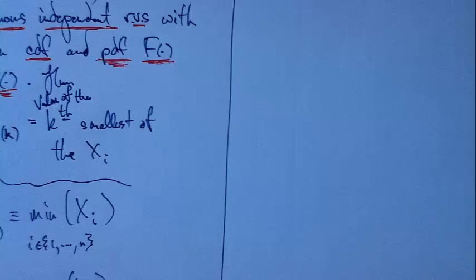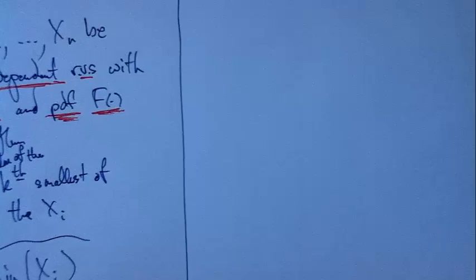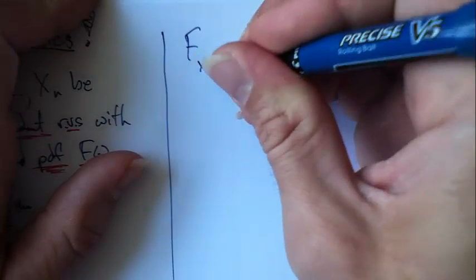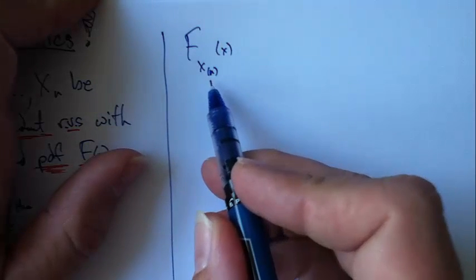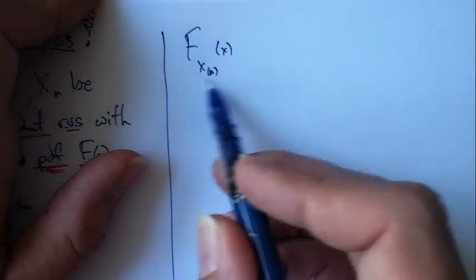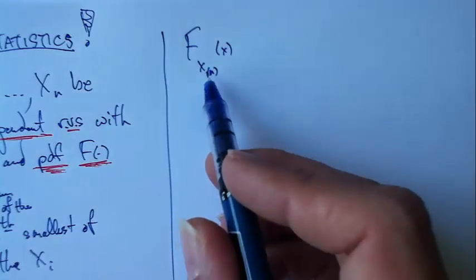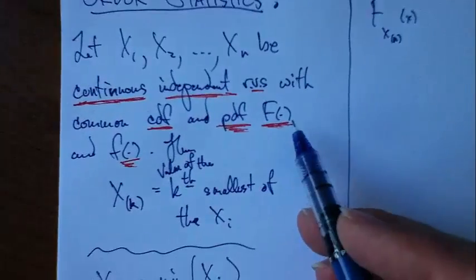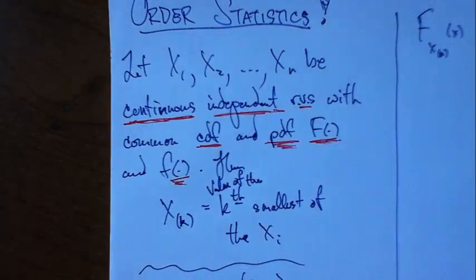Okay, so let's talk about the distribution of these so-called order statistics, or statistics made to order. First off, I can get expressions pretty easily for the CDFs and PDFs for the first and last ones. Let's start with that. Maybe we'll take a look at the CDF for the maximum. Here I am going to stipulate that I'm looking at the CDF for the maximum, the largest order statistic, because this CDF is not the same as this F. This F describes the behavior of each one of these independent random variables.